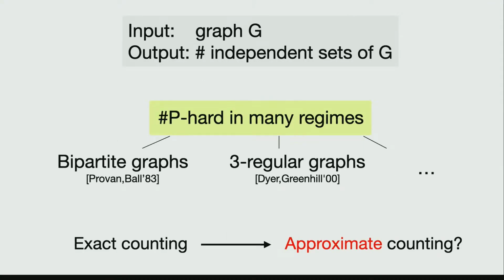So as I said before, when you try to count something exactly, this is usually complicated to do. And indeed, for independent sets, if you ask for the exact number of independent sets, this is going to be sharp-P hard, even in very simple cases, such as bipartite graphs. So we will relax the assumption by looking at approximate counting.